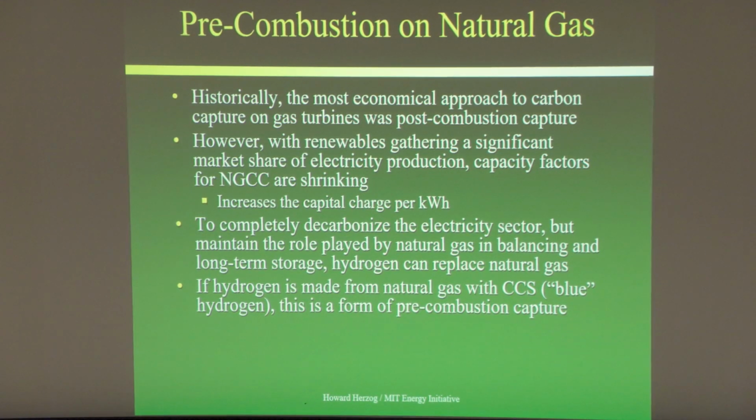But if we really wanted to decarbonize the electric sector and get natural gas out of there, we can put hydrogen in instead of the natural gas, and that hydrogen is made from methane reforming, which is called blue hydrogen. That's really a form of pre-combustion capture. So I think that's a way that pre-combustion capture will get back into the power industry, in the form of blue hydrogen.